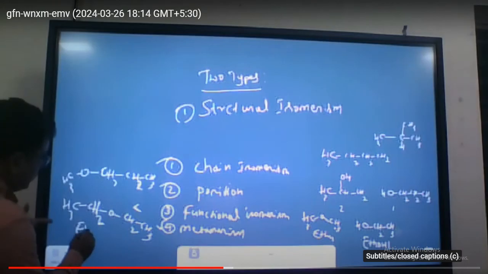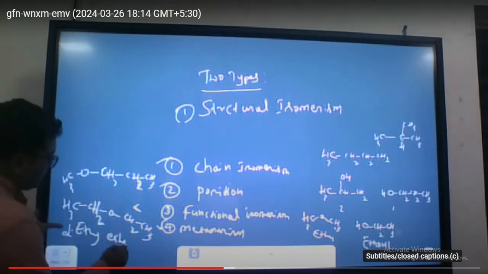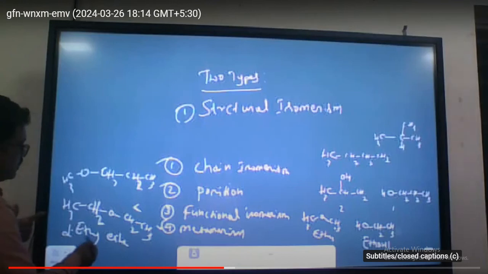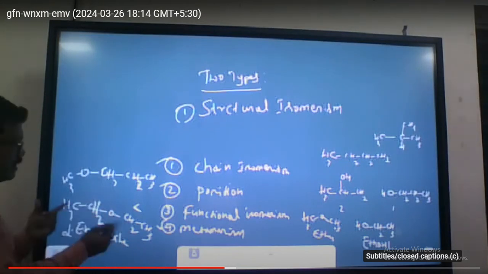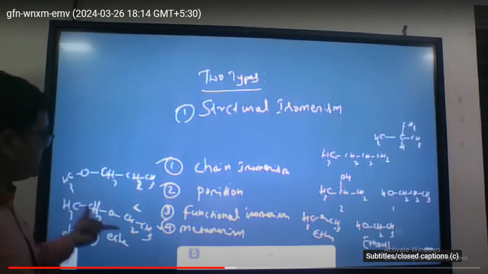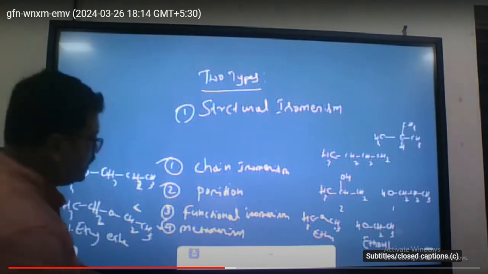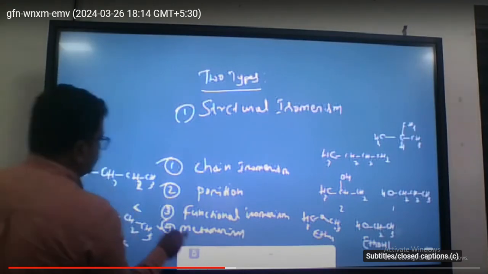See, this is ethyl, diethyl ether. Both sides ethyl, so that's why diethyl ether. Metamerism means the same functional group, but the position of oxygen is different. That is metamerism. Next, the fifth one, tautomerism.